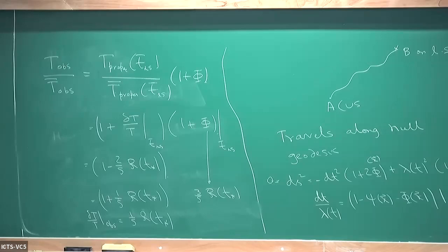Otherwise, you have to figure out in different directions how the last scattering time changes. In general, you can imagine that if at some point the temperature is a little higher, the last scattering will take place later. Why does last scattering happen? As the universe is cooling, at some point it becomes more efficient for the electrons to get bound to protons, and that stops scattering.